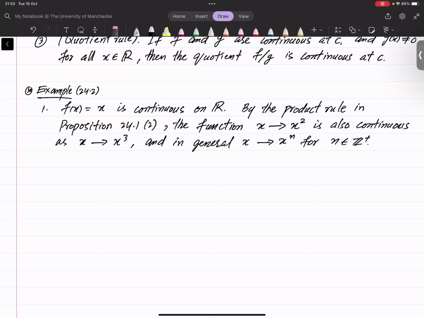Also, constant functions are continuous.